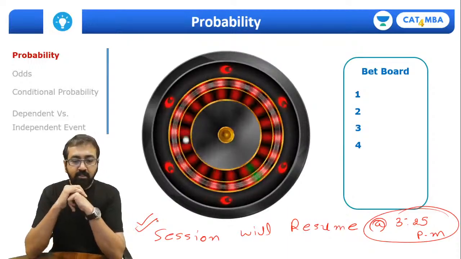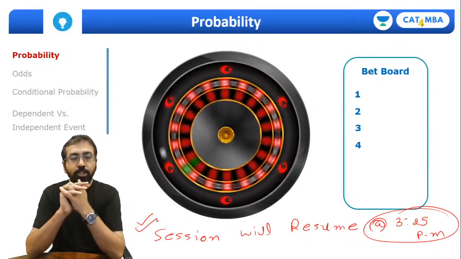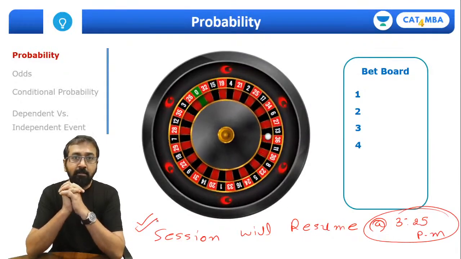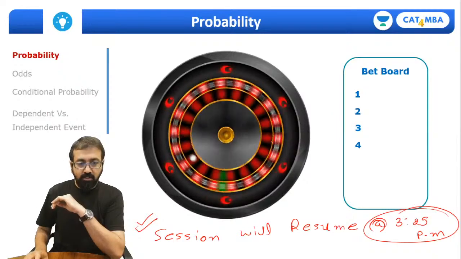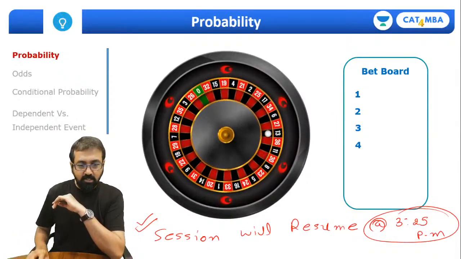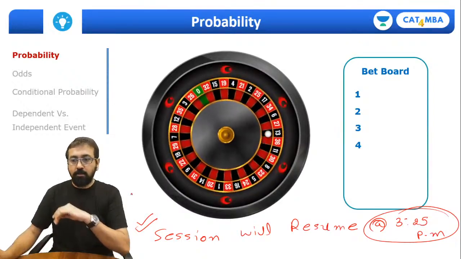Yeah, hi everyone, welcome back. So let's continue. Are you all there? Quickly show me a thumbs up if you have come back. Let's stop this roulette now. It's done. Okay, let's see how many of you have won.